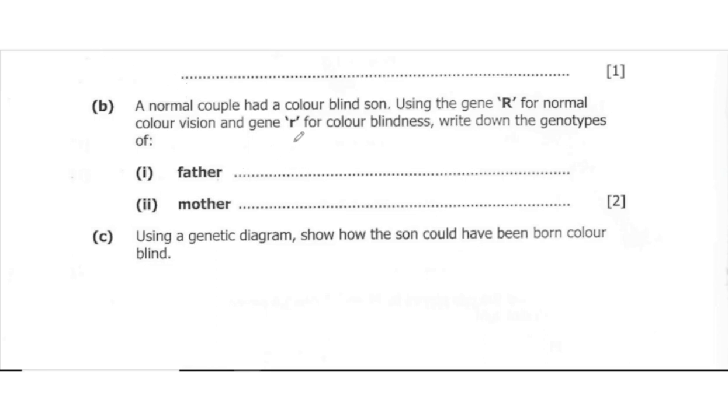The genotype of the father will be X with normal color vision, then Y. Then the wife, who has XX, is going to have normal color vision and also small r for color blindness.